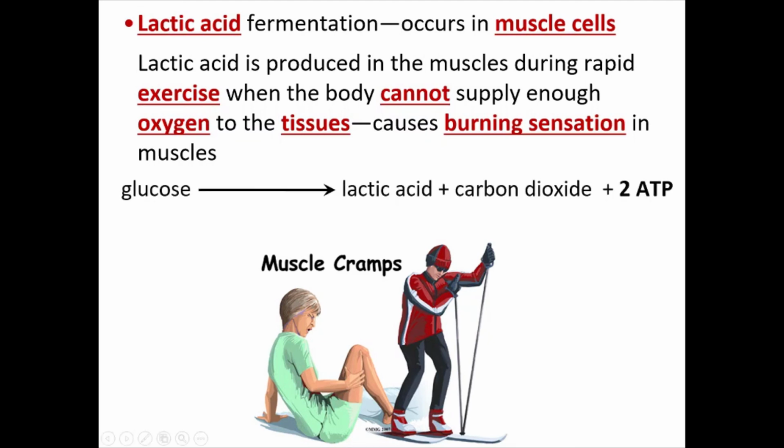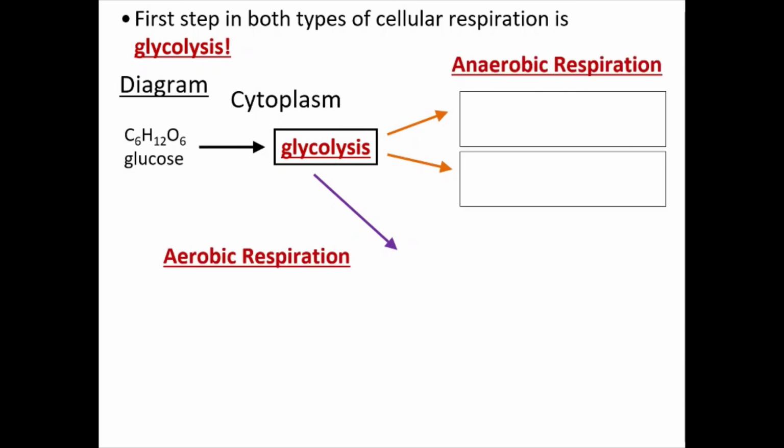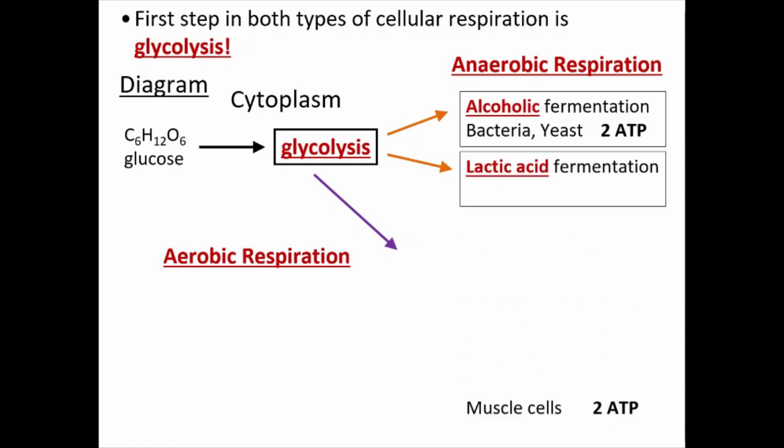All right, let's wrap this up. So remember that with cellular respiration, there are two different types. You have aerobic and anaerobic. Both of these start with glucose and glycolysis within the cytoplasm. When you're talking about anaerobic versus aerobic, in anaerobic respiration, you have two different types. You have alcoholic fermentation and you have lactic acid fermentation.